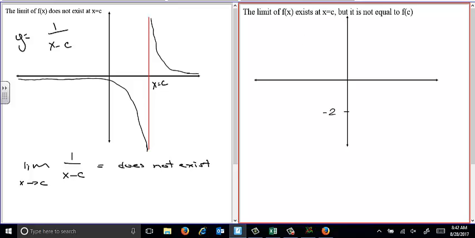So one example of that would be if I had a straight line and then I had a hole for some reason, and then I have another straight line that continues on, and I decide to define the function at x equals c as some other value. So let's say this is 1 and this is 2.